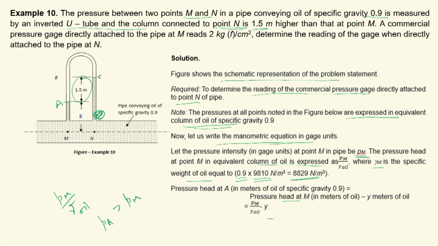It is the pressure head at M minus the difference between M and A, which is Y, a column of only the same liquid of specific gravity 0.9. So, Pm by gamma oil minus Y.